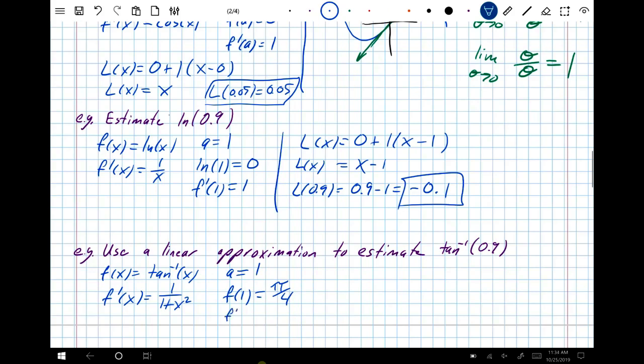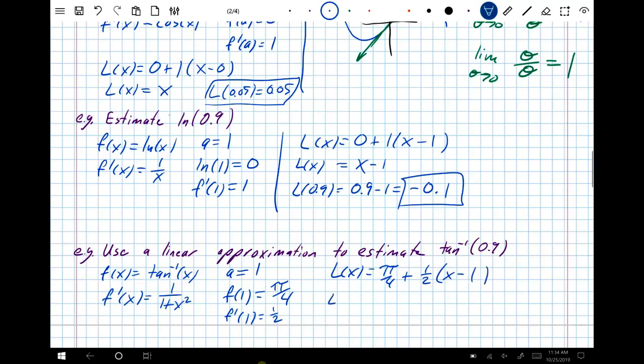And then I got f prime of 1 is going to be, looks like 1 over 1 plus 1 is 1/2. So not so bad. There's a pi in there. L of x is equal to, well, the y value I start out, so pi over 4, plus my slope is a 1/2 times x minus that a value I'm starting at is a 1.